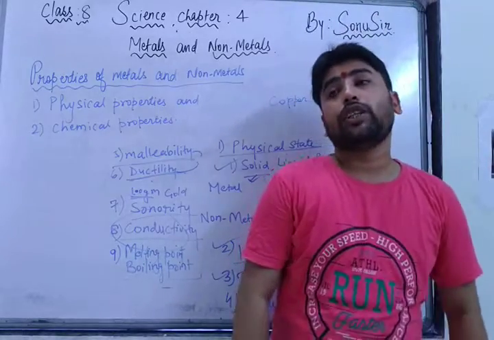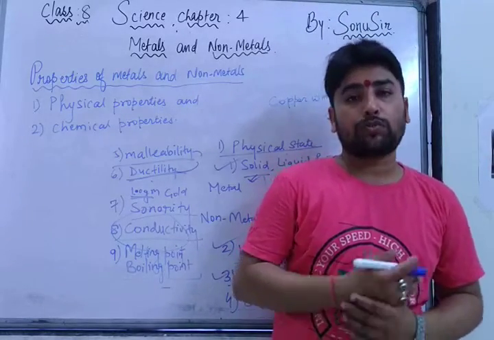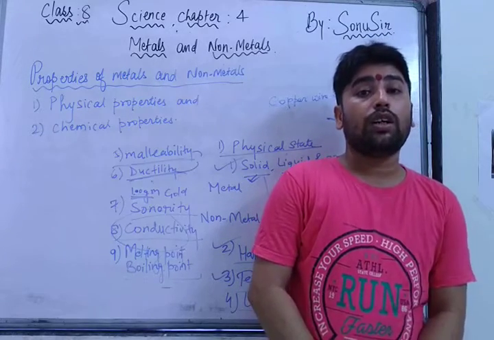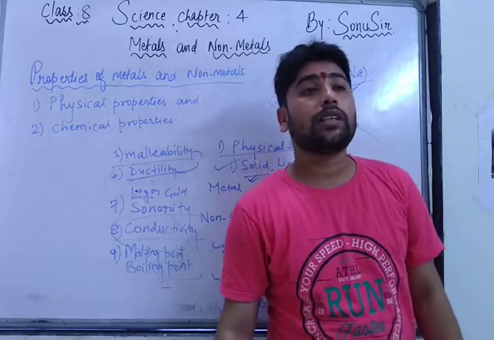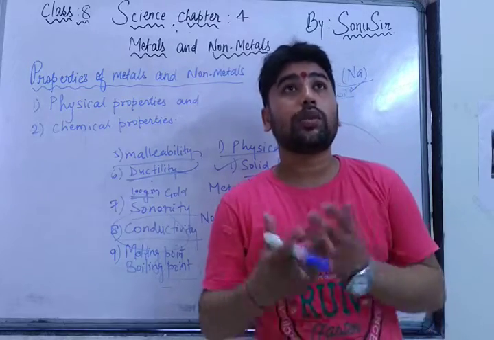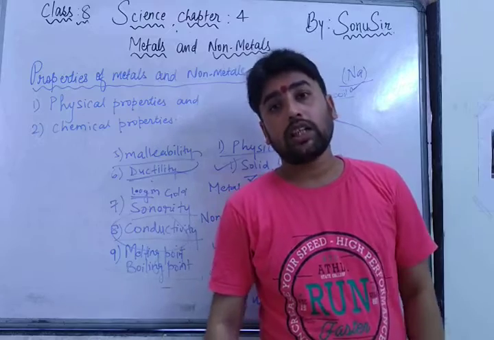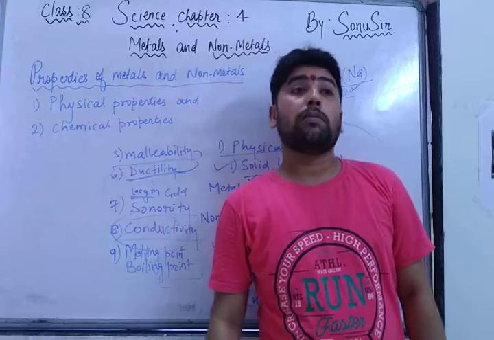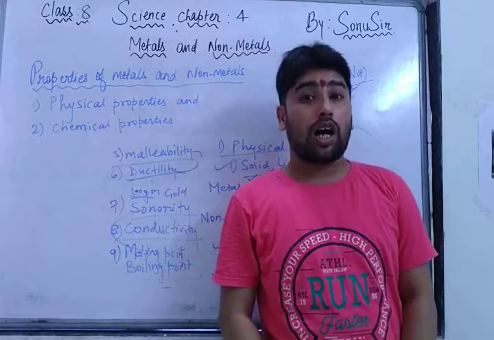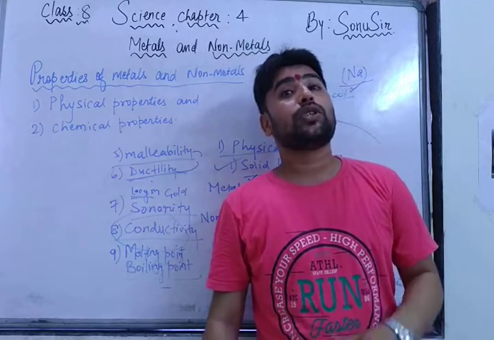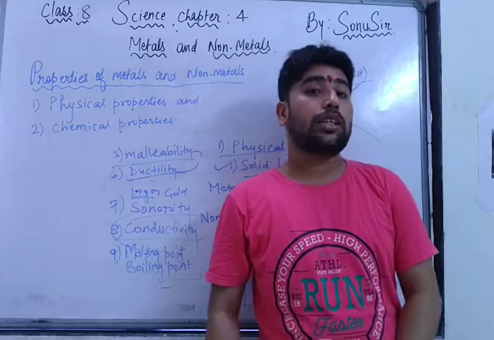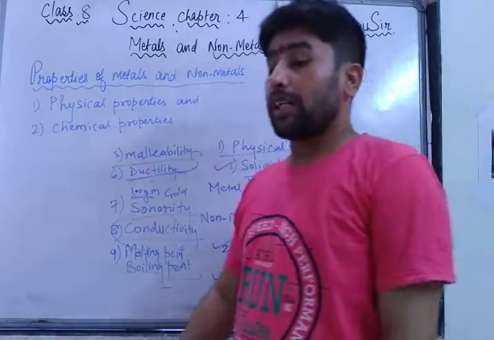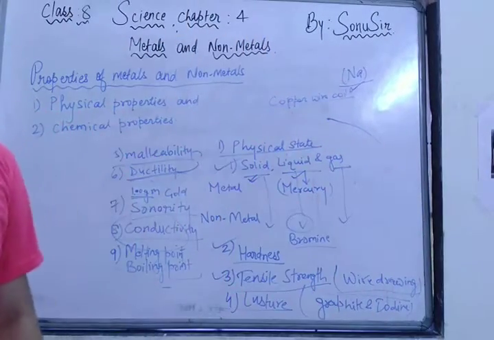Suppose iron: if you want to mold iron into a different shape, the iron has to be heated to a very high temperature. Suppose in your kitchen, your mama is boiling water, you can see her face becomes red at 100 degrees Celsius. Just put a little bit of your finger in the boiled water, you can understand what is happening. But metals require a very high temperature. At that temperature it can be molded into any shape, that is called the melting point of the metal. And the boiling point becomes even higher. So metals have high melting points and boiling points.